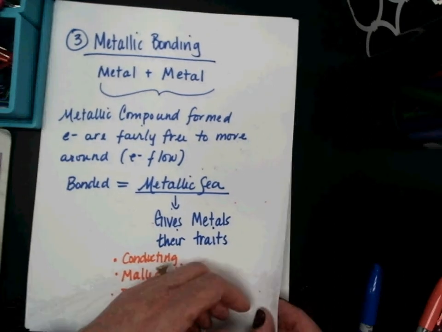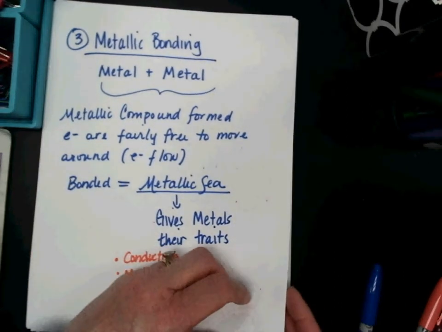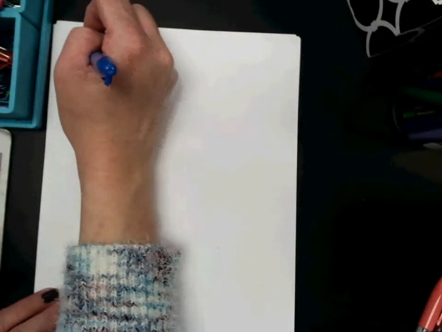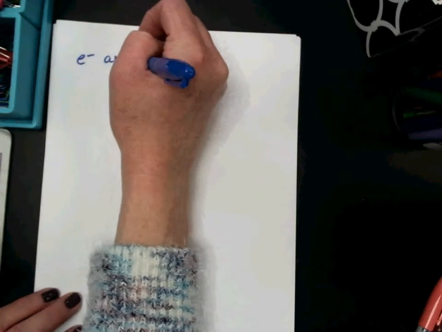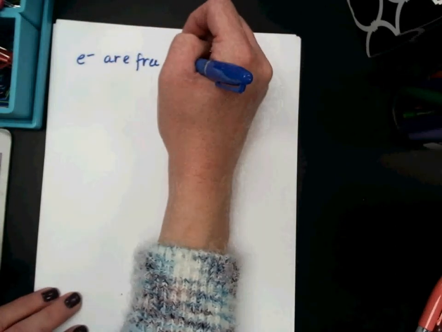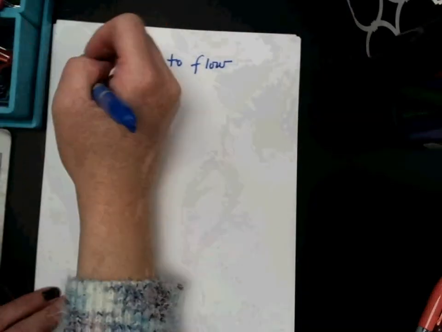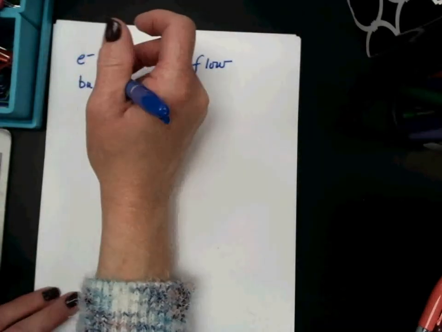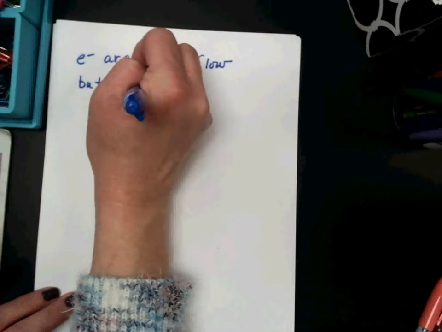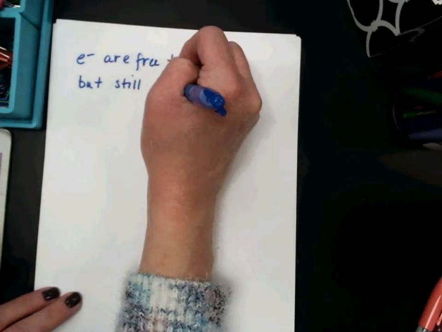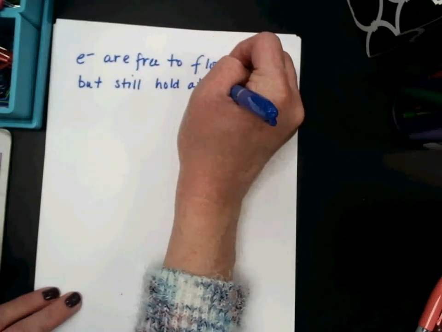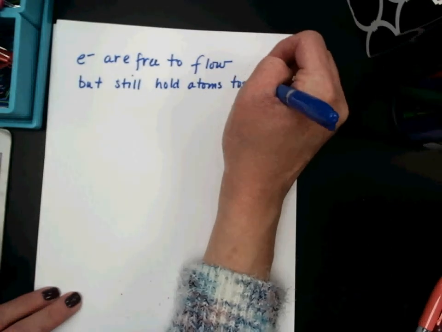So when we think about that, we have to understand that when we're looking at a metallic bond, electrons are free to flow, but they still hold atoms together.